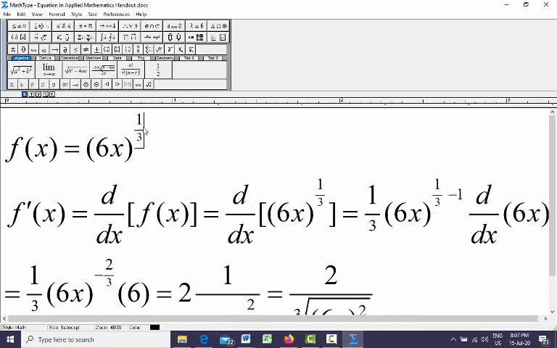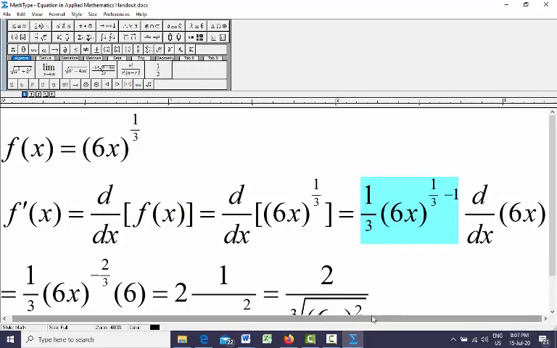The power 1/3 you need to write first, and then from the existing power you need to deduct 1. So this part is the differentiation of the power. And then we need to do differentiation of the inside material.